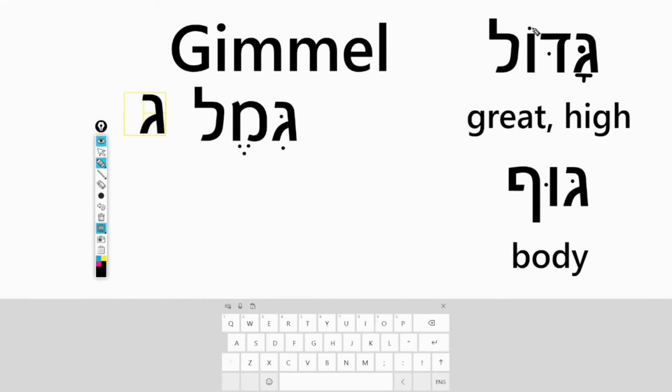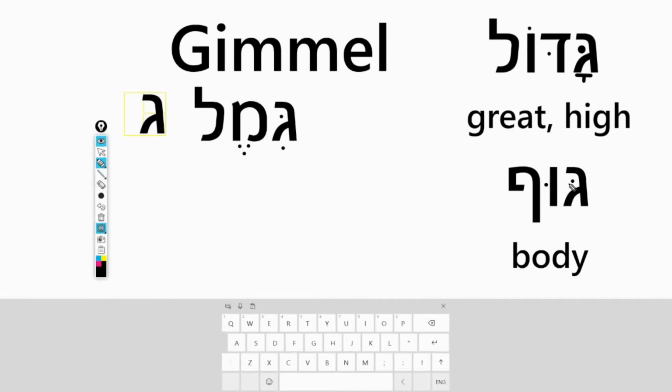And then above this is a vav, and above the vav is a dot called a cholam. And the cholam makes the sound that you hear when you pronounce the word cholam. It's O, long O. Okay, so this is Gadol, great high priest, Kohen Hagadol.